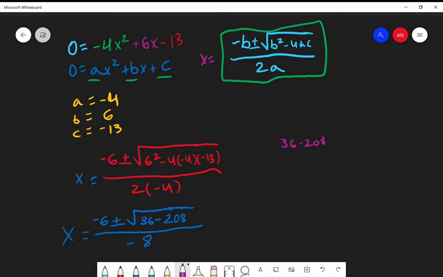So it turns into negative 6 plus or minus the square root of negative 172, divided by negative 8.